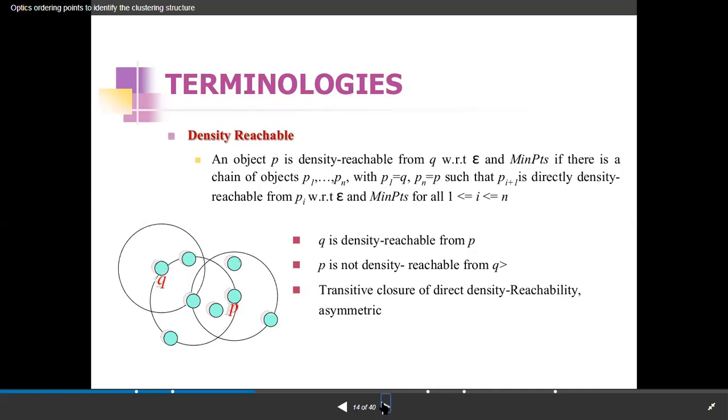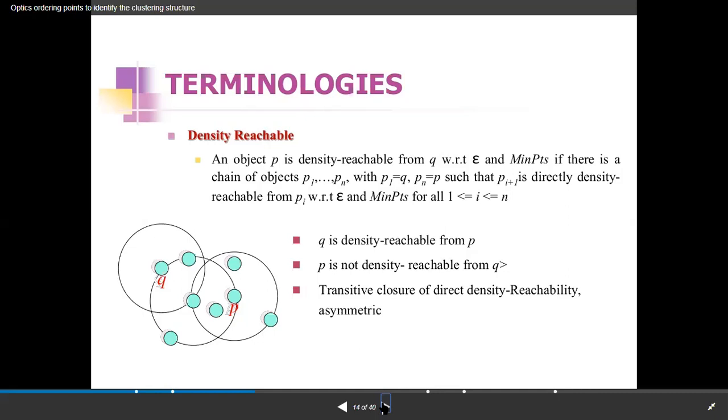Here we can say that if through a series of core points, a point is accessible to a remote core point, then that point is said to be the density reachable from that core point. So with a series of core points that are density reachable to each other, the points that are connected to this chain are called the density reachable to each of the points.